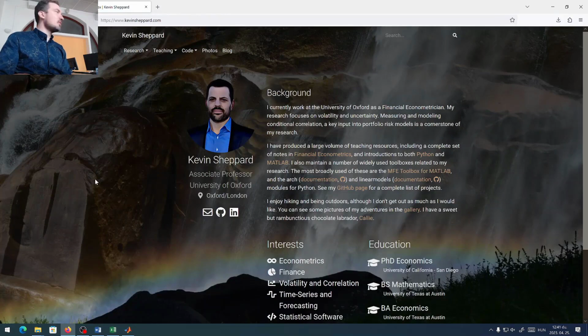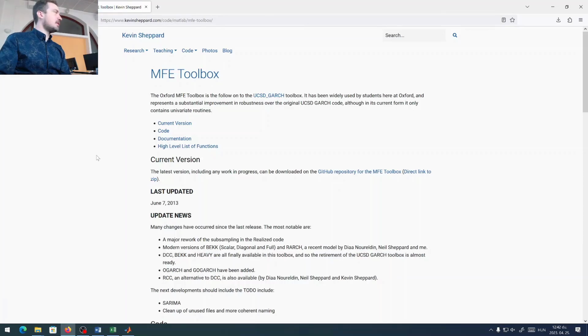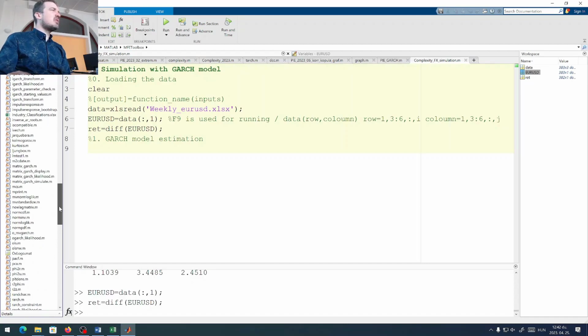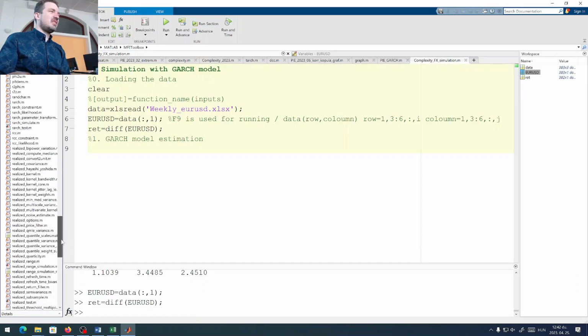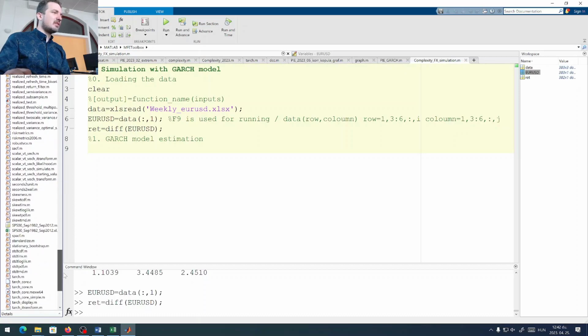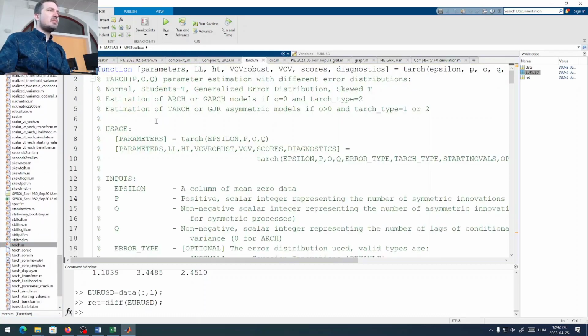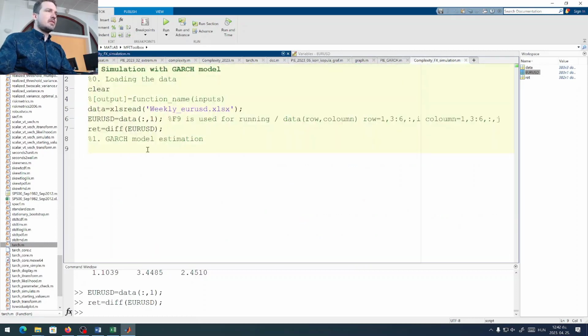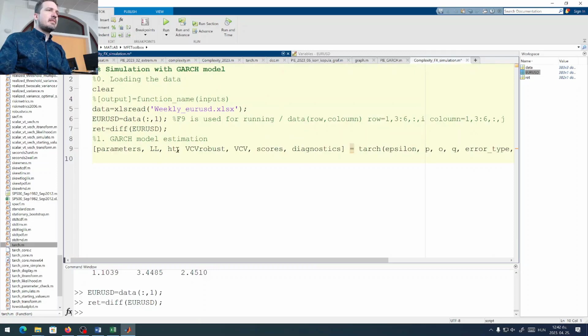So he works at Oxford University, and practically he had common publication with the guy who got the Nobel Prize for inventing the GARCH models, and luckily he developed this MFA toolbox, which can be useful for us because it's way better than MATLAB has its own official GARCH estimations. Just they are quite useless, so I don't like it. Sometimes they are developing it, but it has a lot of weaknesses.